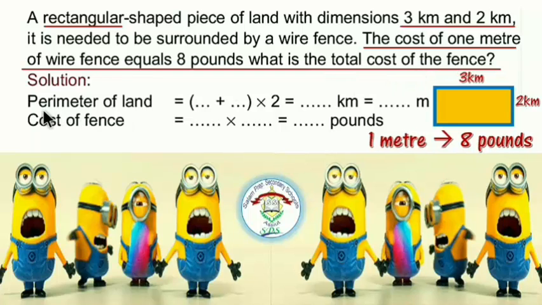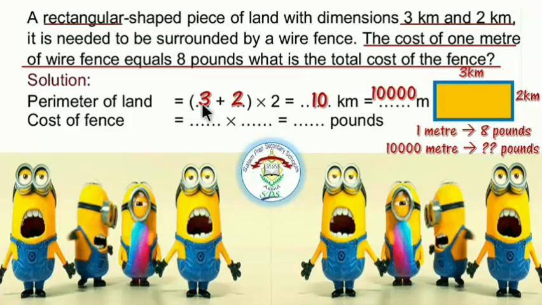First, we will calculate the perimeter of the land. Because the land is in the shape of a rectangle, the perimeter of land equals the perimeter of a rectangle, length plus width all times 2. So 3 kilometers plus 2 kilometers equal 5, times 2 equal 10 kilometers.